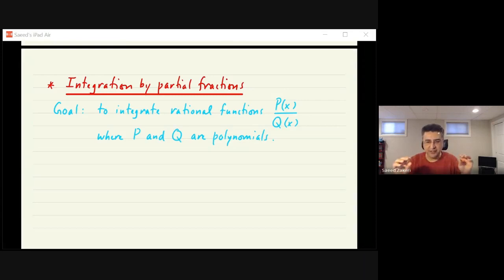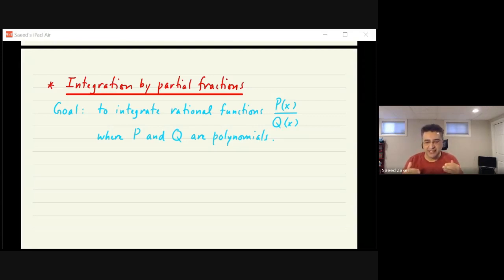So factor the denominator, and then try to write this rational function as sum of a bunch of simple fractions, each of which has one of those factors as the denominator.